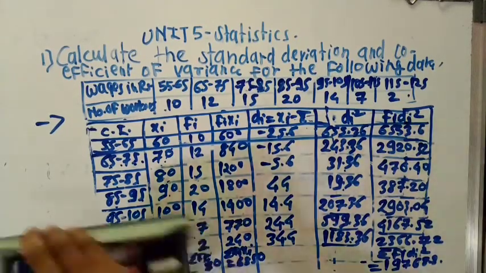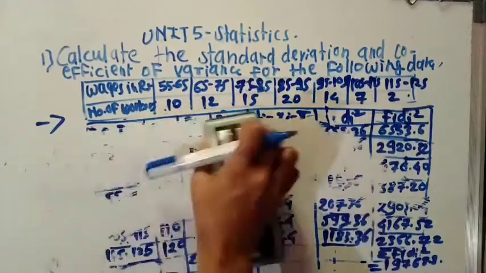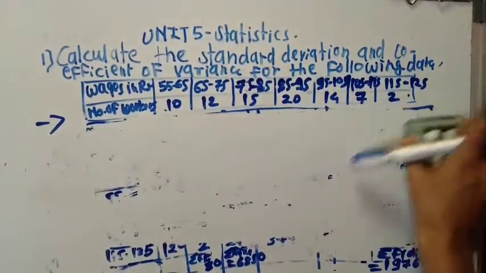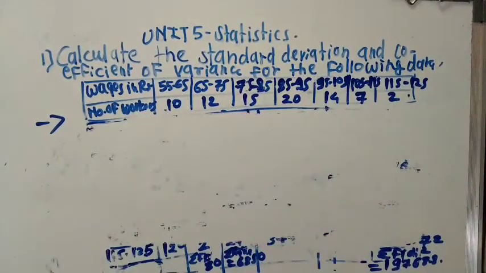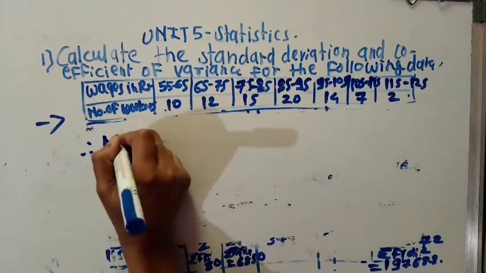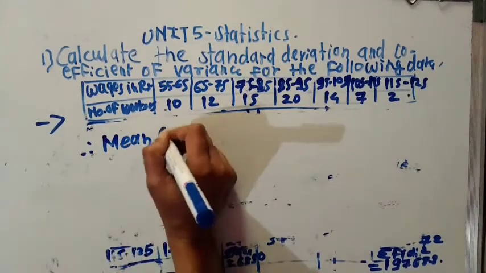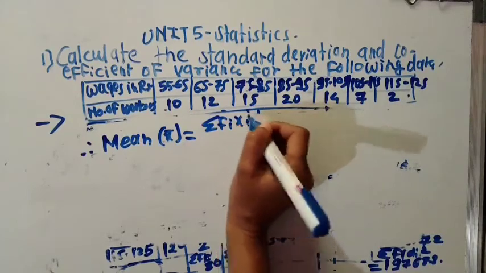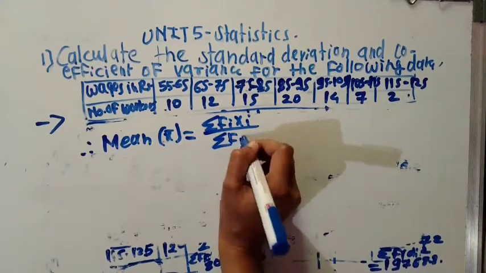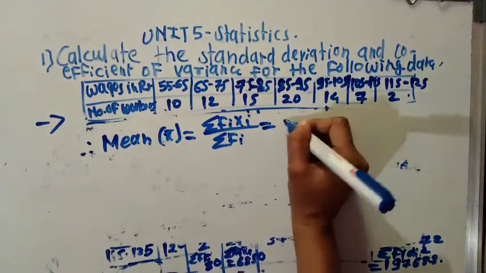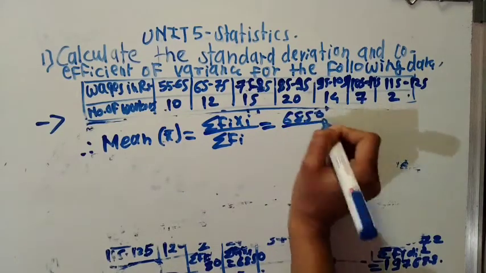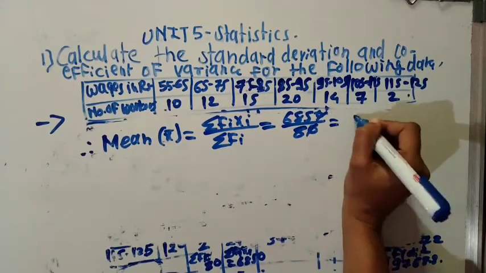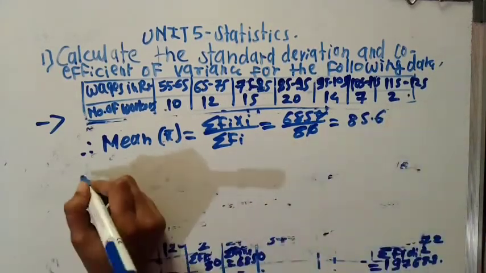Then first of all, write down the mean formula. Mean x bar is equal to summation of fi into xi upon summation of fi, means this 6850 upon 80, and is equal to 85.6.